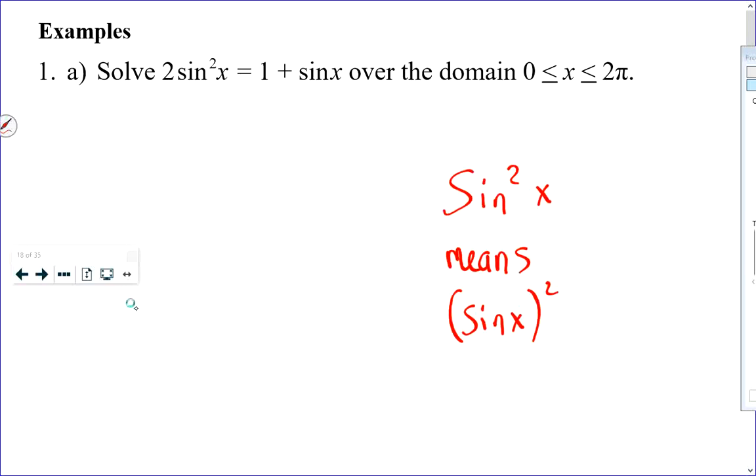So we have in this equation, I'm going to rewrite the equation, and I'm going to rewrite it as 2 times sine of x quantity squared. We're not going to do that. We have to graduate beyond that and just understand that we can write 2 sine squared of x. But I'm doing it for the first example. And this is equal to 1 plus sine of x. And I'm going to put a coefficient of 1 in front of the sine of x.